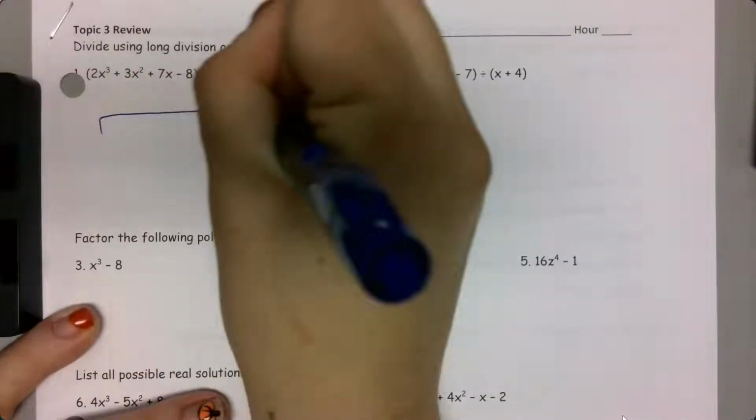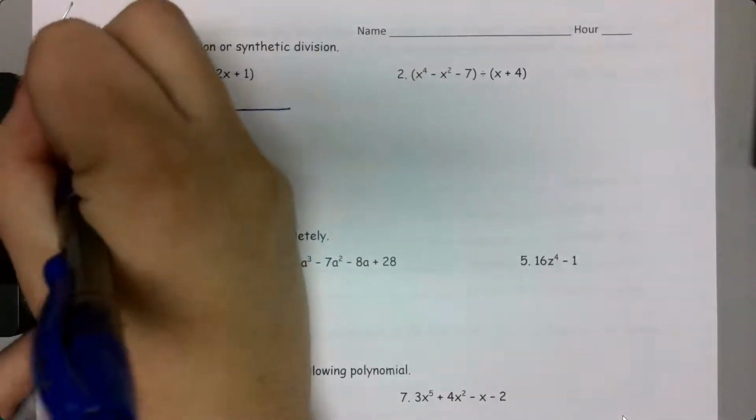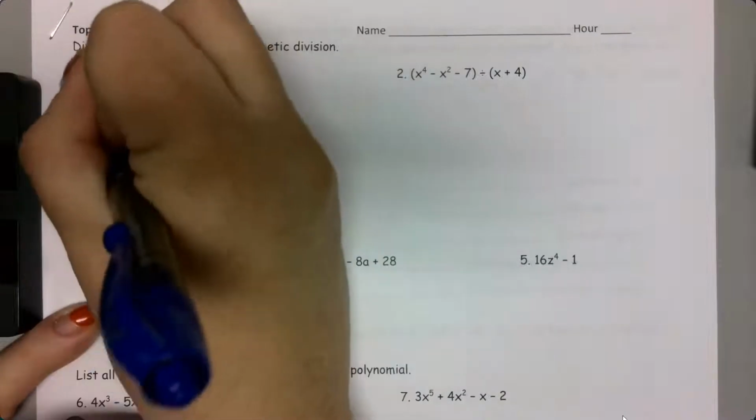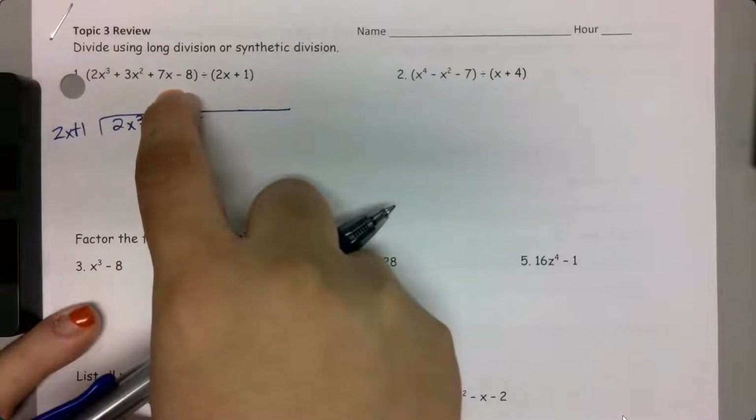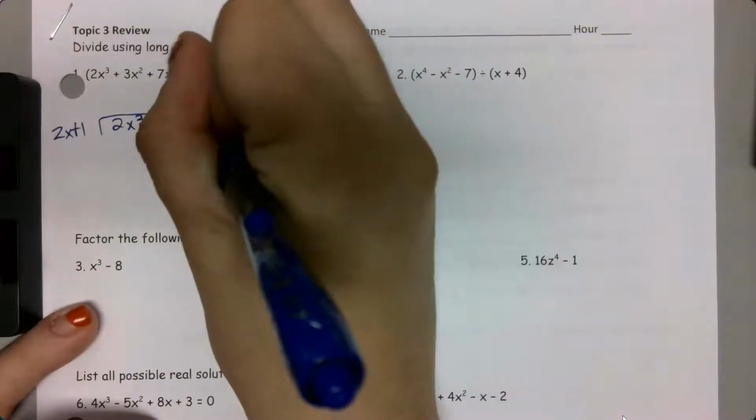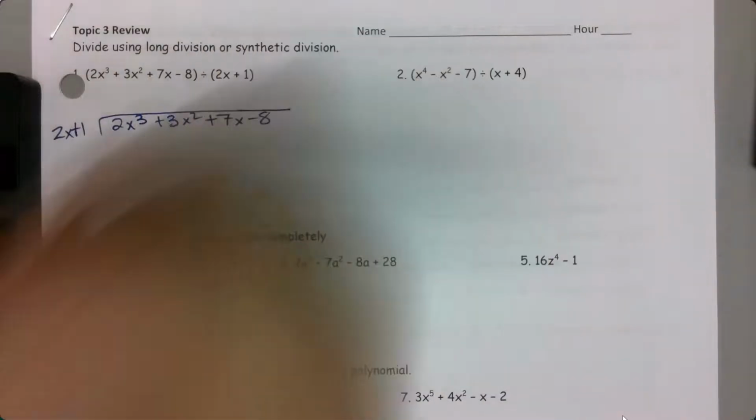So in that one, I write my divisor on the outside, and I write my dividend on the inside. I also want to pay attention to the dividend to make sure that all of my x terms are there. If any are missing, I want to fill them in with zeros. This one is not missing any, so I'm just going to write it out.